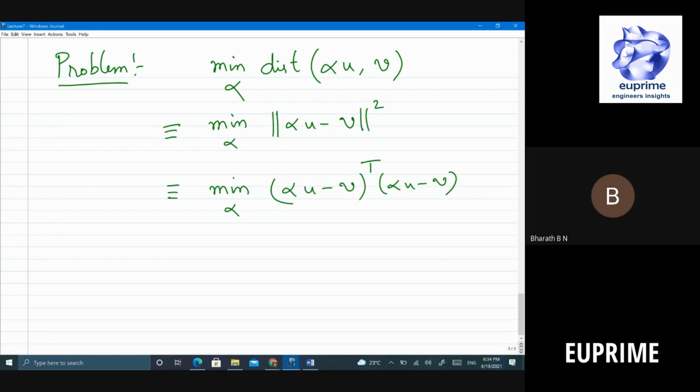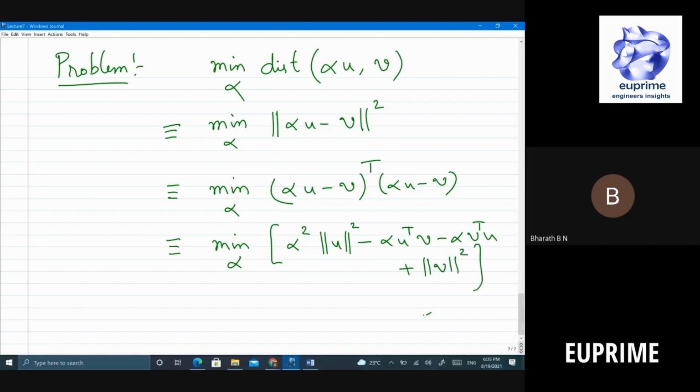So this is the same as minimizing: the first term will be alpha squared U transpose U, which is norm of U squared, minus alpha U transpose V, minus alpha times V transpose U, then finally norm of V squared. This is what you have.